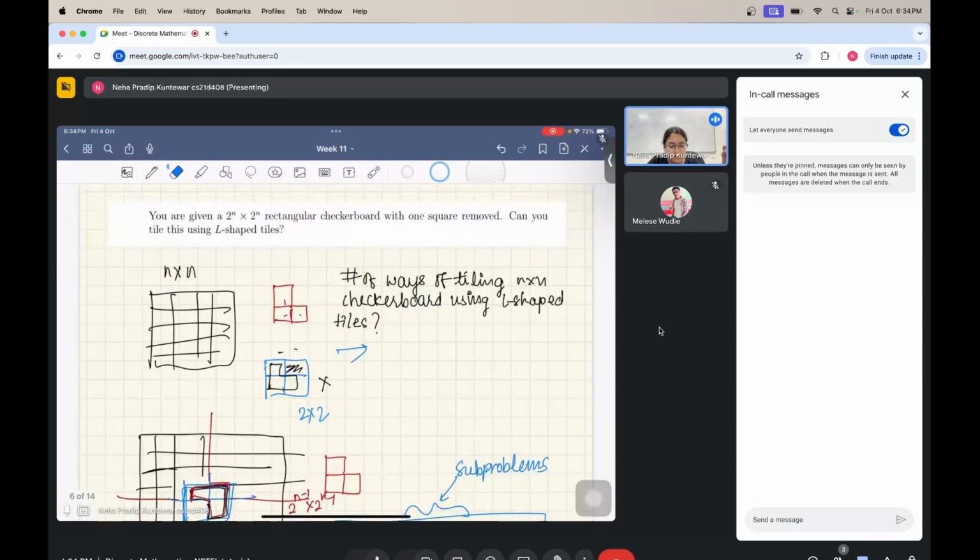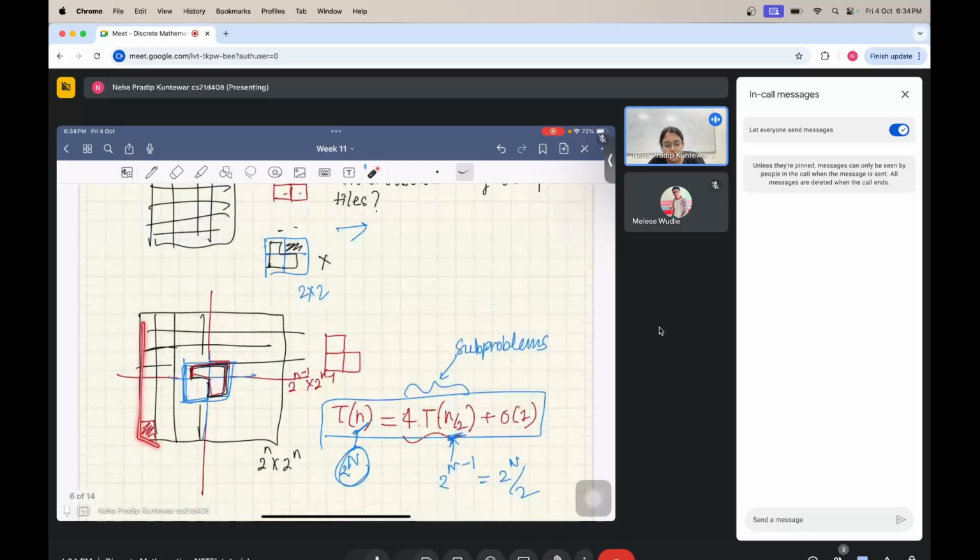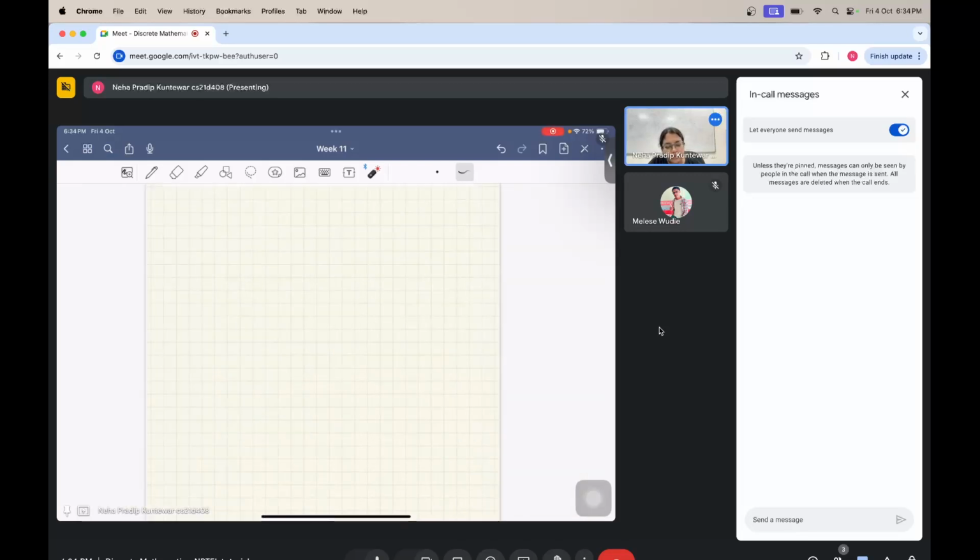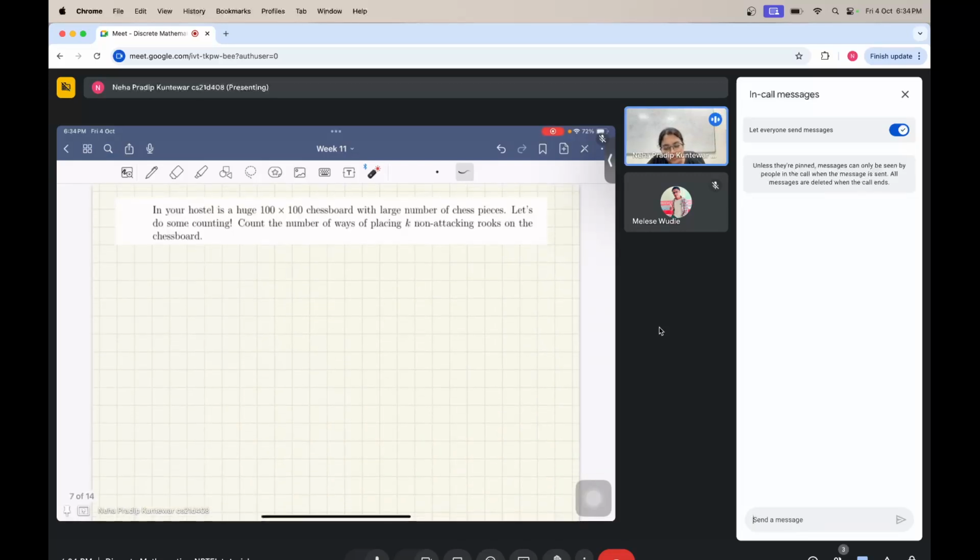So that was the whole idea. What we did is, given this question, we divided it into smaller subproblems of similar kind, and to do that, we had to do some surgery here. We had to place an L-shaped tile here so that the problems are of the same kind. And then we individually solve for the problem and then take an order one time to combine them. So that was about that question.